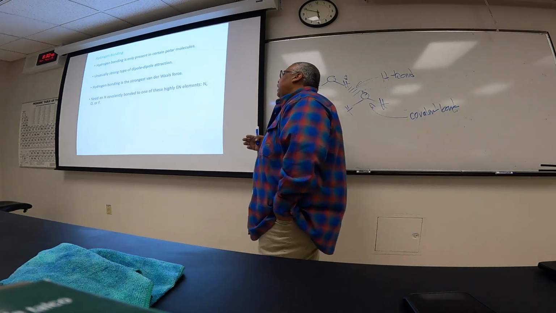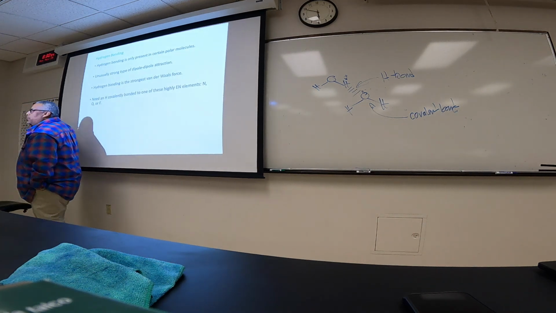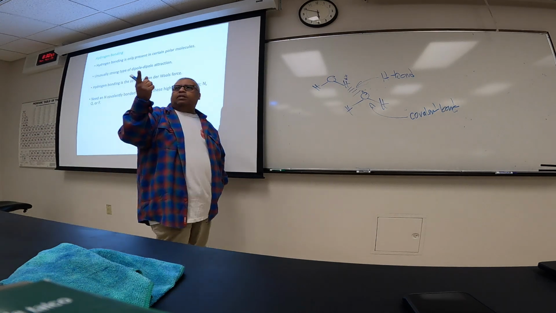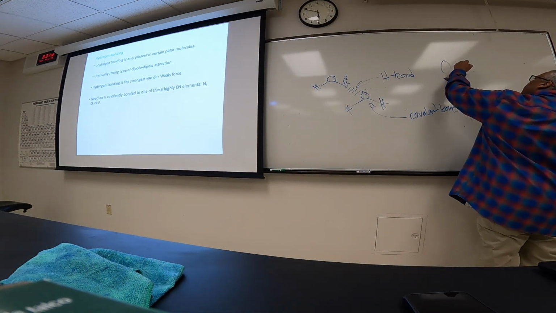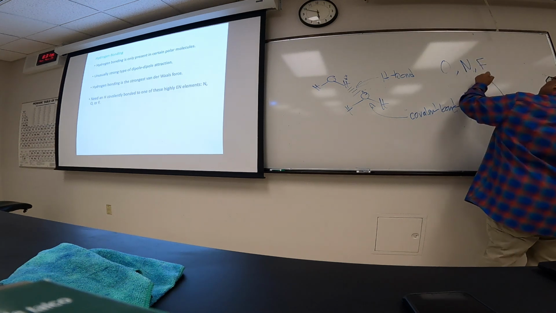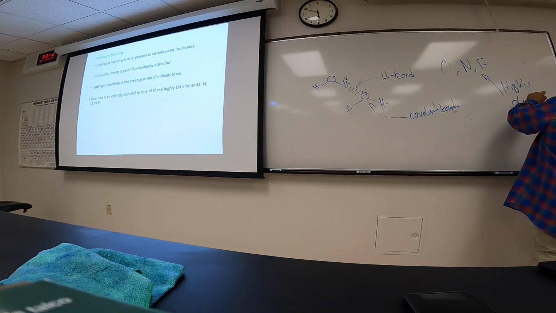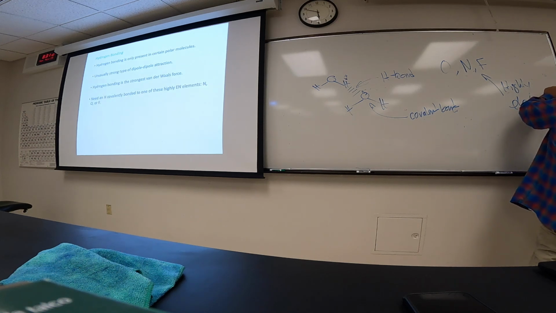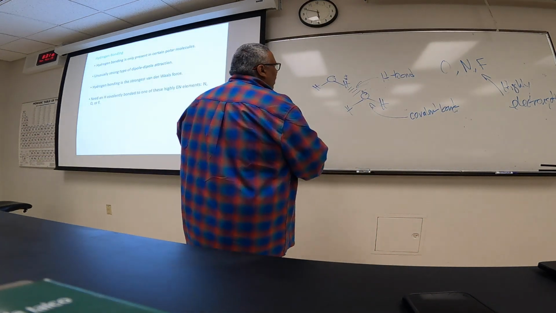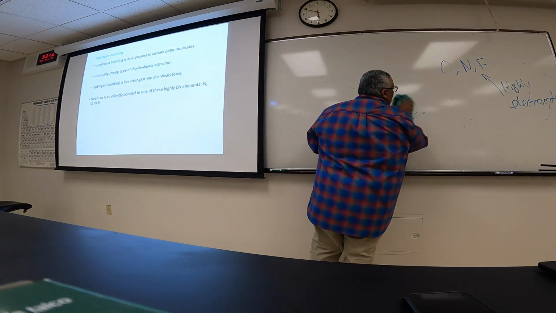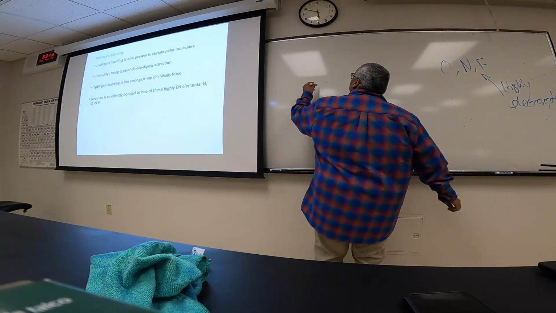If we look at the second period here, we're going to see oxygen, nitrogen, and fluorine. These elements here are highly electronegative. So even though I get a molecule like this, let's see.